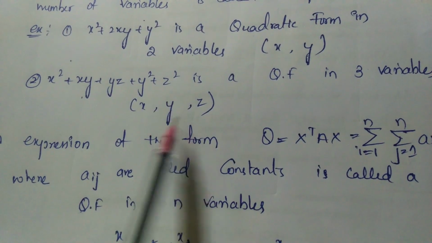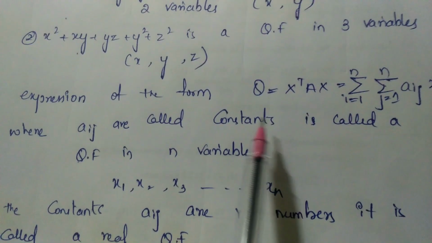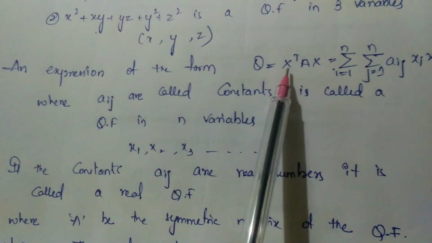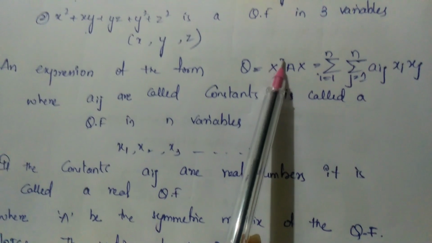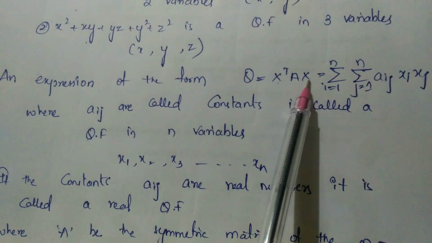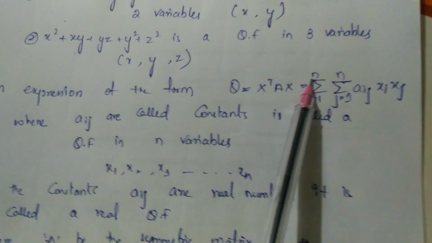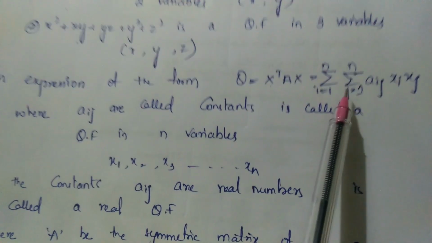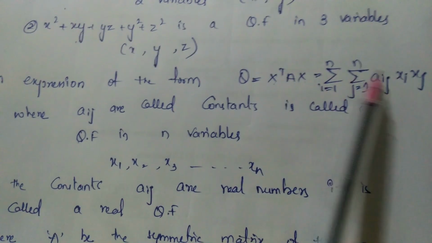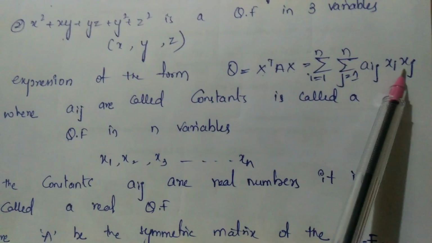y and z. So an expression of the quadratic form, Q is equal to X power T, that is nothing but the transpose of the matrix, into A into X, and it gives a summation from i equals 1 to n, and the summation from j equals 1 to n, of aij into xi into xj.